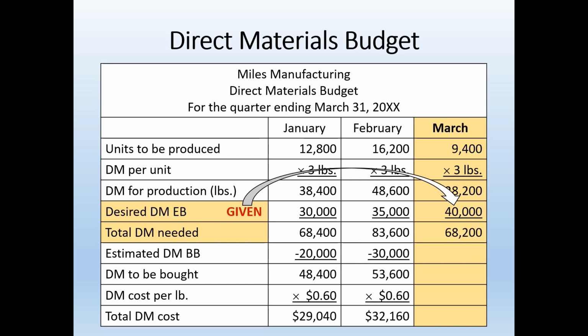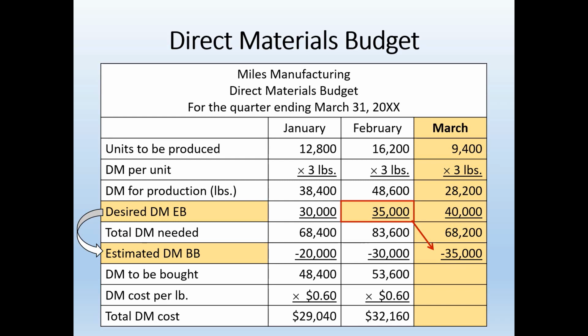But the firm doesn't have to buy it all, because one period's ending inventory becomes the next period's beginning inventory. At the end of February, the firm expects to have 35,000 pounds going into March.